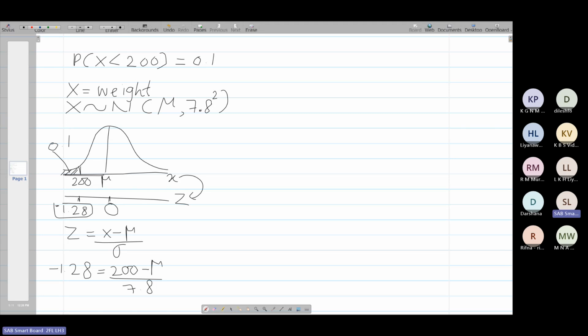Then try it. What is the new value? Mu is 209.984.